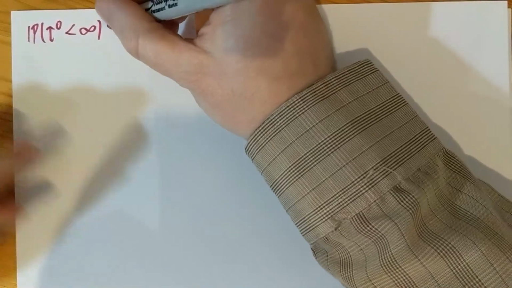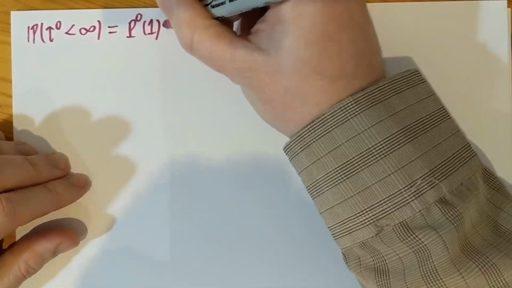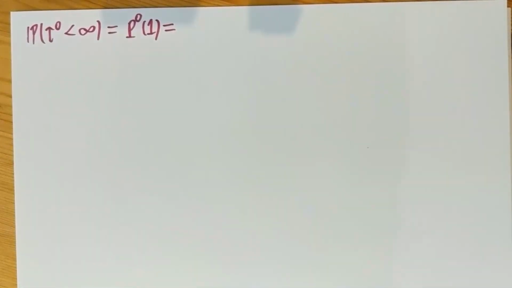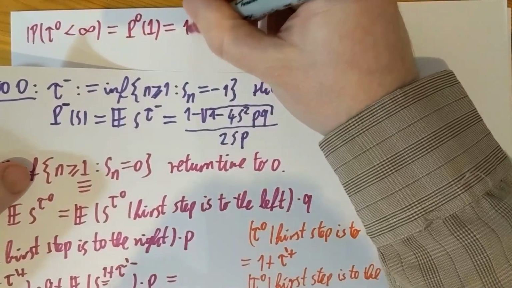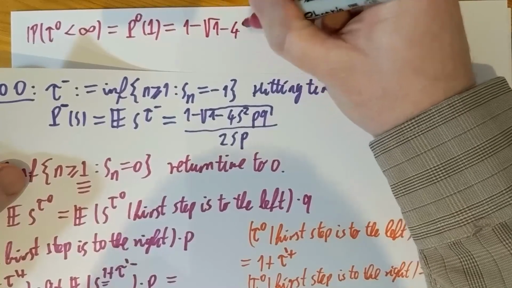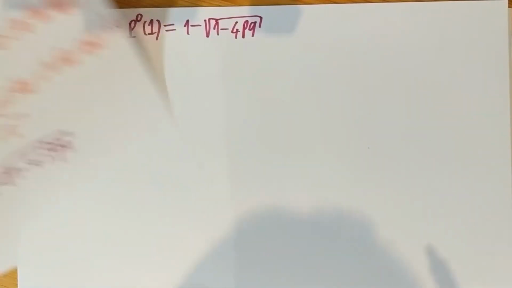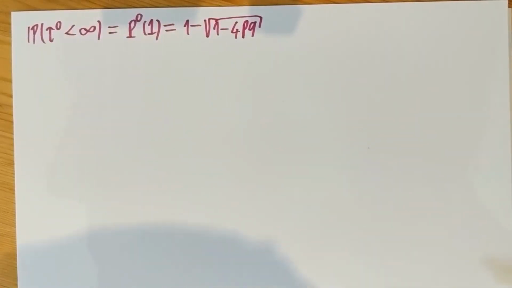What is the probability that in finite time the walker comes back to the origin? If I have the generating function, all I need to do is plug in s equals 1. So plug in s equals 1 here. That's 1 minus square root of 1 minus 4pq. At s equals 1, that's what I get.